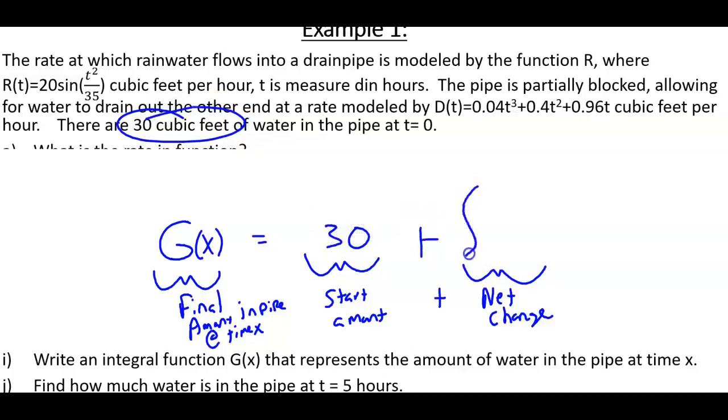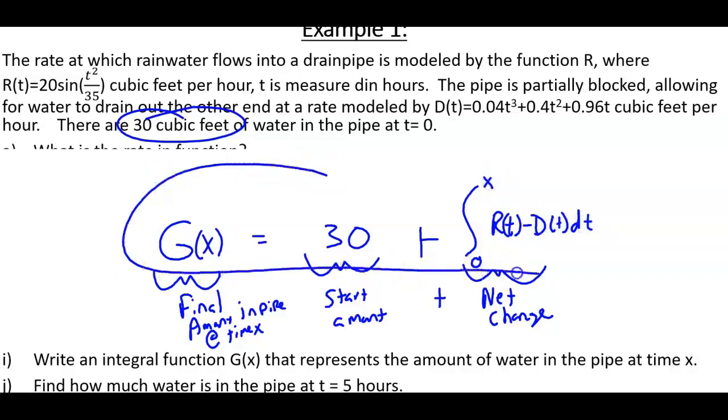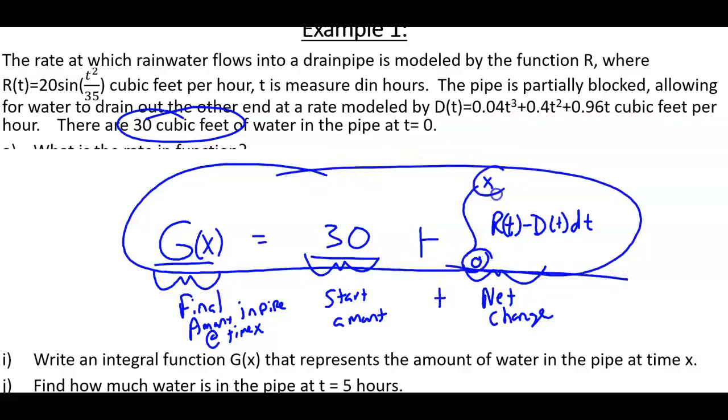The net change is given by the integral of my rate in minus my rate out on the interval from 0 to whatever my final time is, x. So this is my function. You have your g of x, that's the final amount, is equal to the starting amount plus the net change from your start time to your finish time, which in this case is x. And on the inside, we have our rate in minus our rate out.